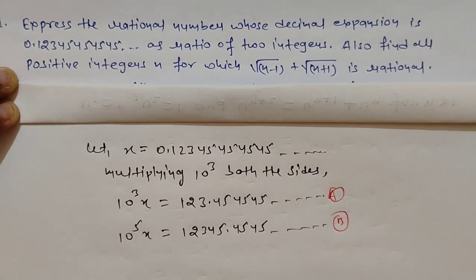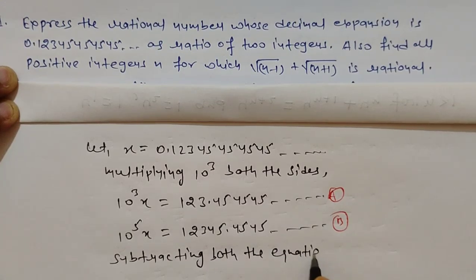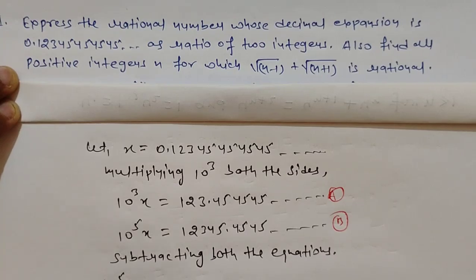Now for these two equations, if we subtract them, we get 10 to the power 5 x minus 10 to the power 3 x is equal to 12222.